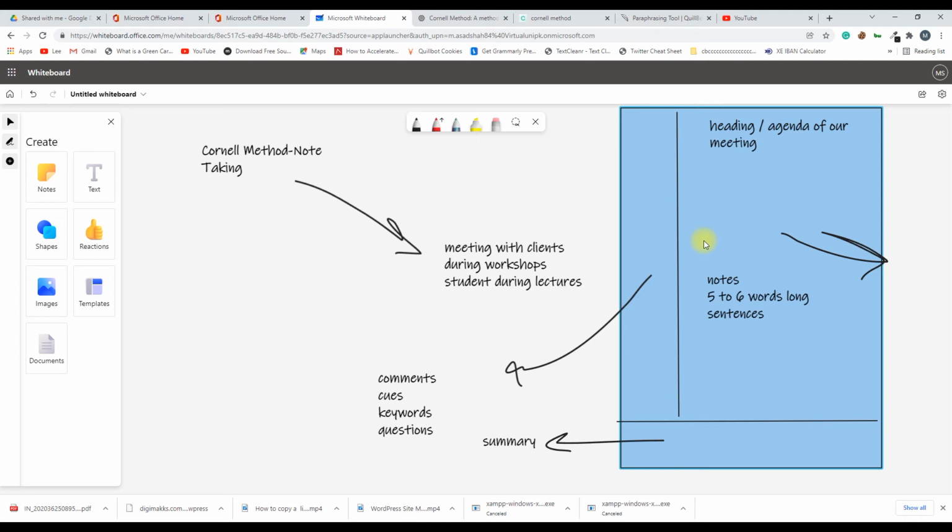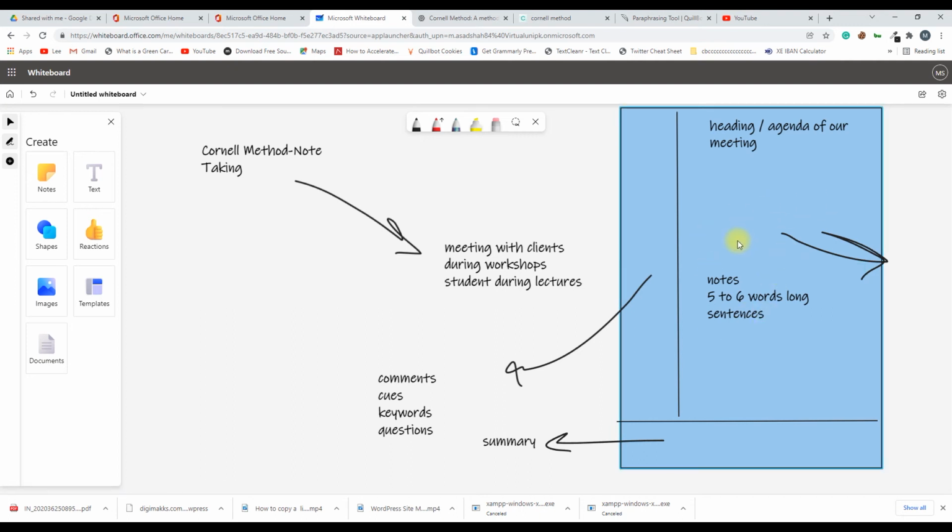So afterwards, how do we make the Cornell method more effective? This could be done by following 4 steps. First, we record the information over here.